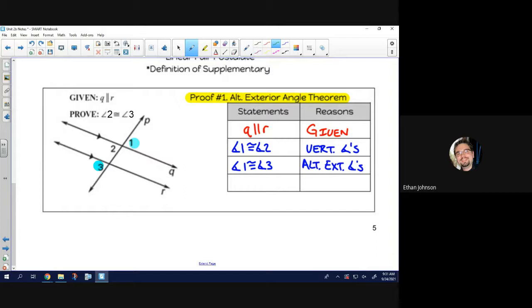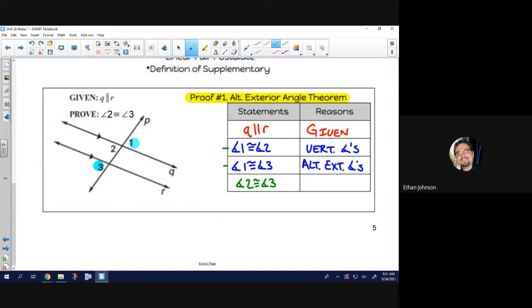Now to finish off the proof, now that we have 2 statements, see, is there something that we could combine? Can we combine those 2 statements? Well, looking at it, they both have the measure of angle 1, so yes, we can. So we can say angle 2 is congruent to angle 3.